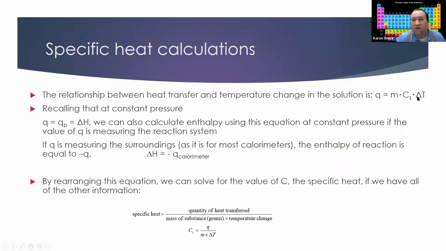One important thing to note is that if we are at constant pressure, the value of Q, the heat, is equal to the enthalpy change, the heat of reaction. So if we are measuring the system and its temperature change, then whatever we get for the value of heat is also the value of ΔH.